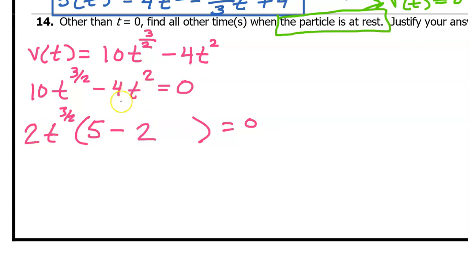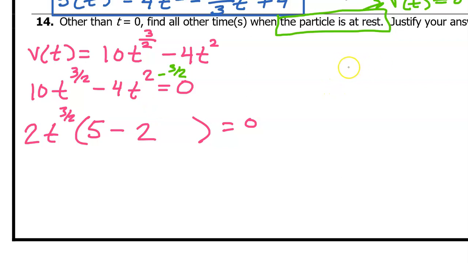What about t squared divided by t to the 3/2 power? When you divide variables, you subtract exponents. So I need to do 2 minus 3/2. This is going to be 1/2.